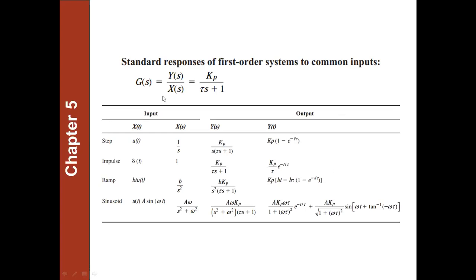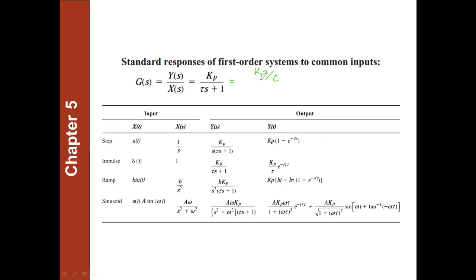So this would be your different response equation for the different types of inputs. The Kp here is the process gain. The K is, we know, is the steady state gain or simply the gain. Okay, for our first order system, whatever is the number that you see written on the top, in this case class, our transfer function should be still written in this form.